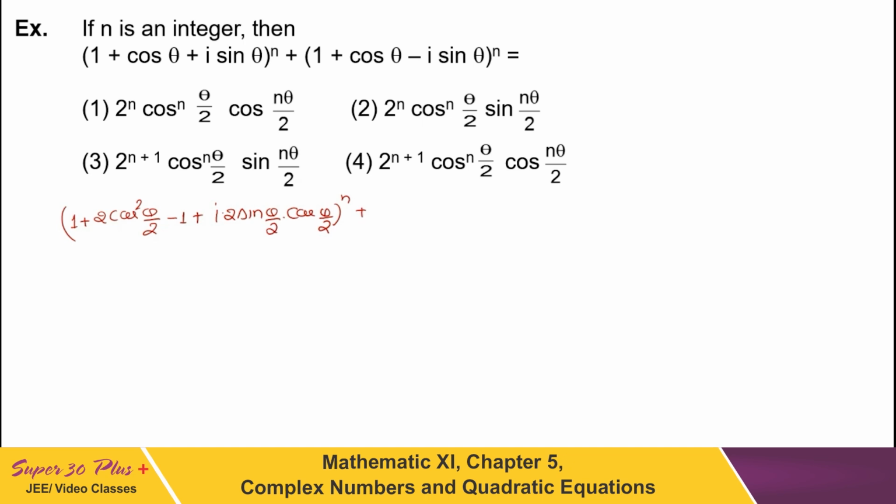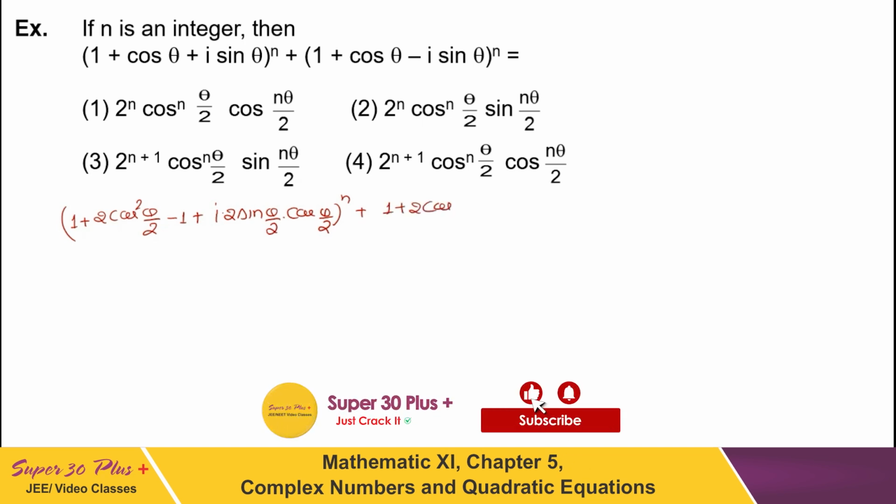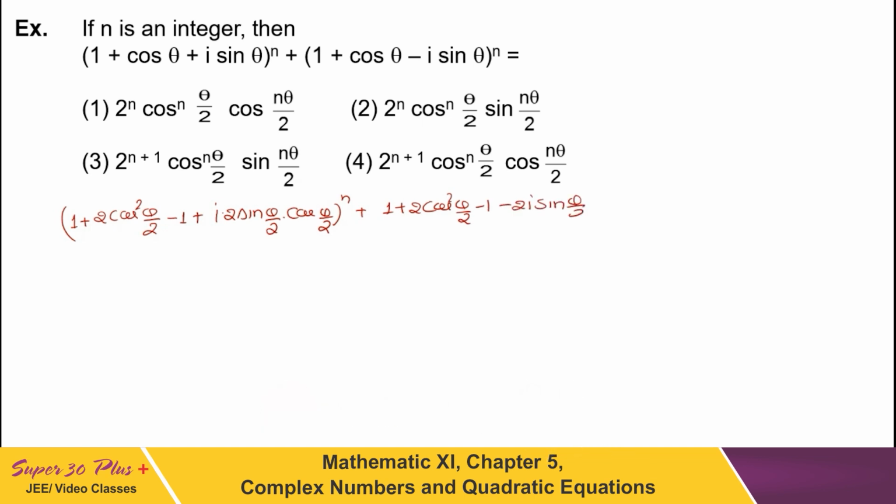And similarly, here it can be written as (1 plus 2 cos square theta by 2 minus 1 minus 2 iota sine theta by 2 into cos theta by 2) whole power n. Now simplify it. 1 and minus 1 cancel out, and 2 cos theta by 2 is a common factor.